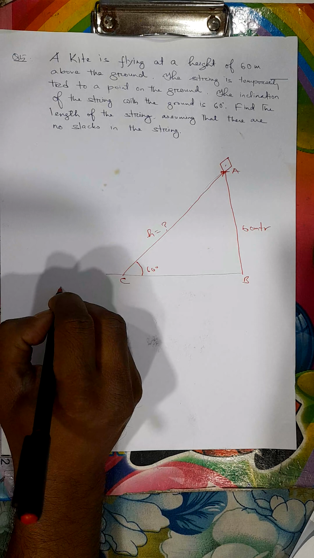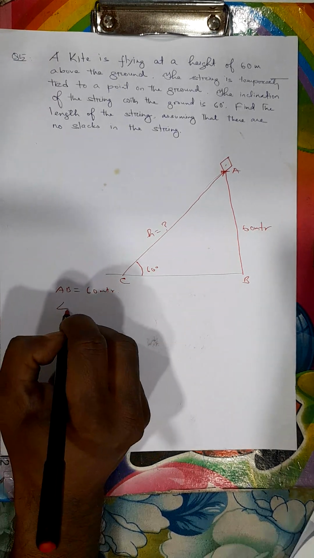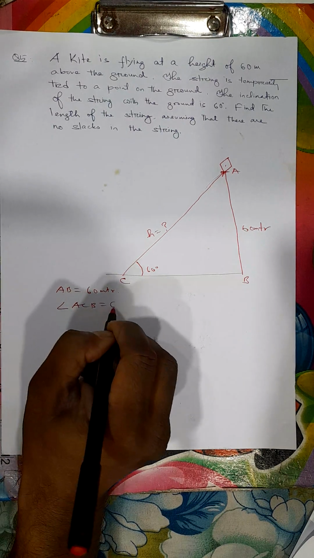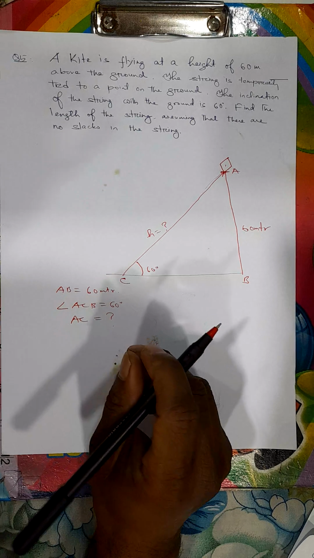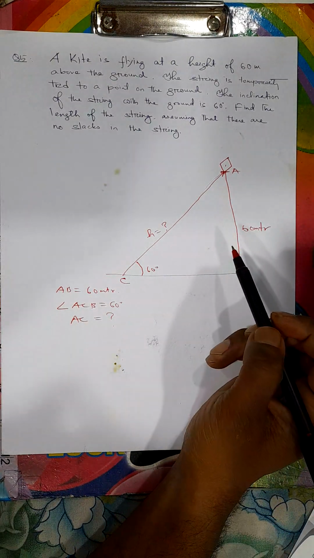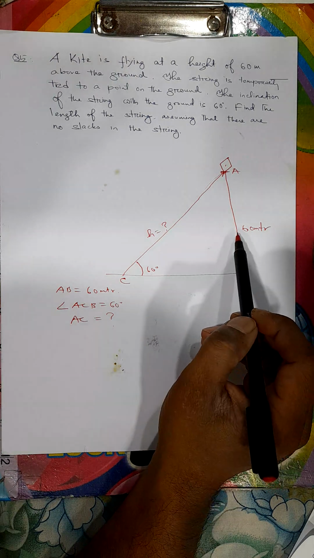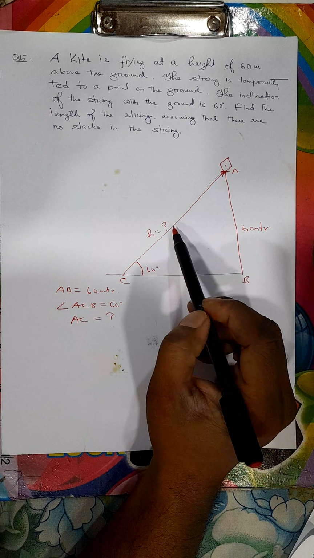So we were given AB equal to 60 meter, angle ACB equal to 60 degree. What is AC? The length of the string. Now remember the trigonometric ratios. With respect to this angle, this is the opposite side, this is the hypotenuse.